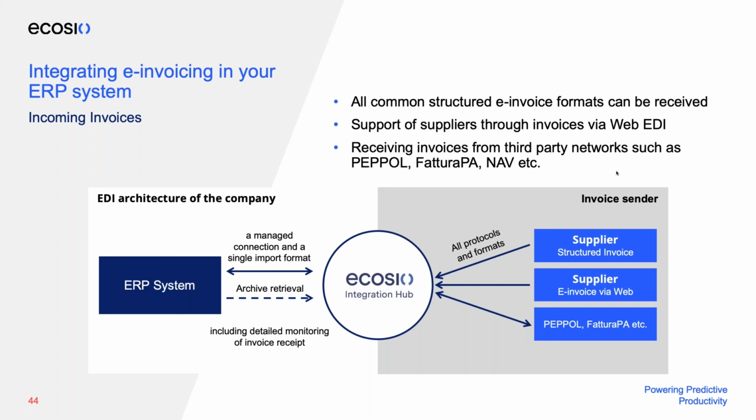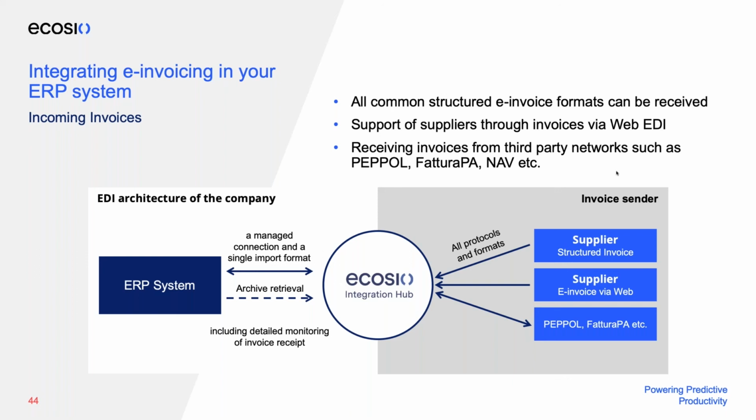And in the ERP system, then certain workflows take place, such as invoice reconciliation, invoice approval, and the like. And again, archive retrieval is obviously feasible. So the original version of the invoice, the intermediate structure, and the final structure, which is being sent to your ERP system, can be fetched using that archive API.